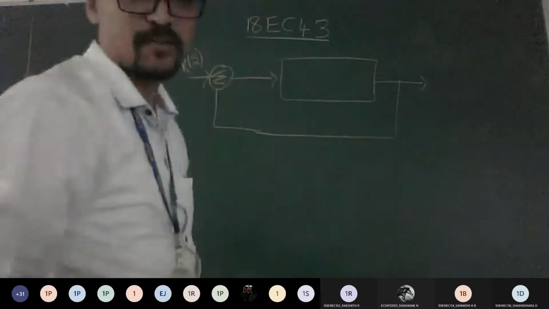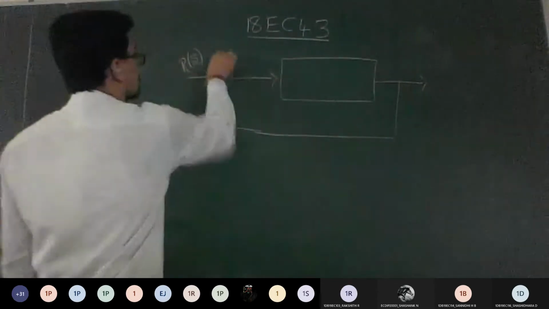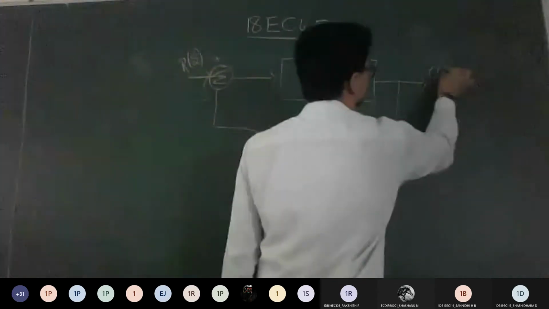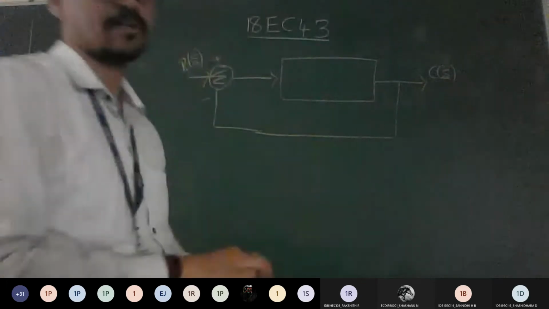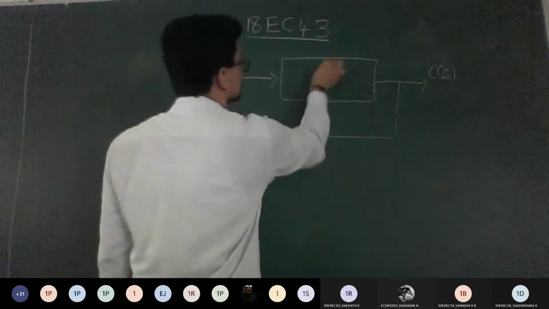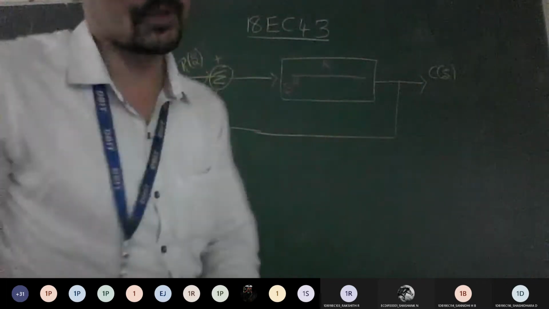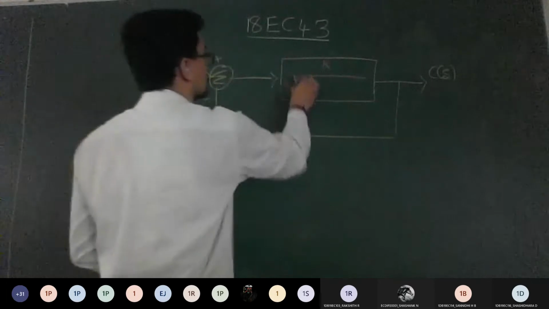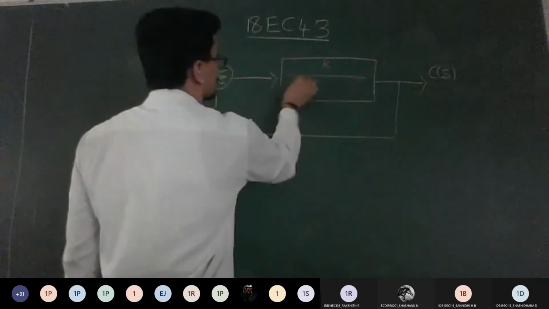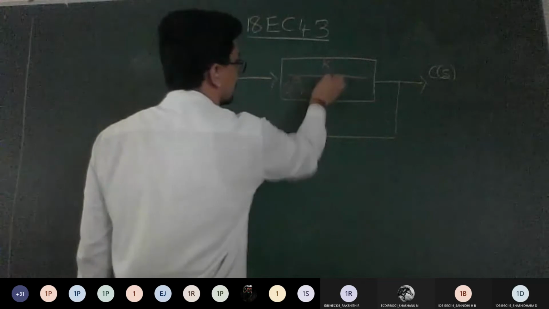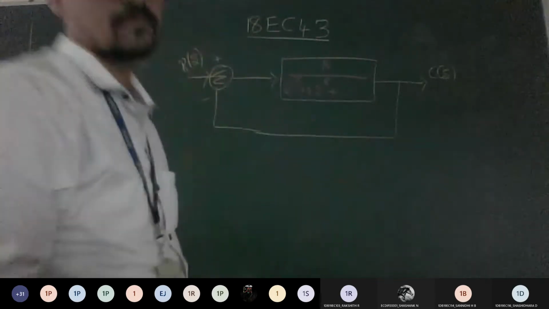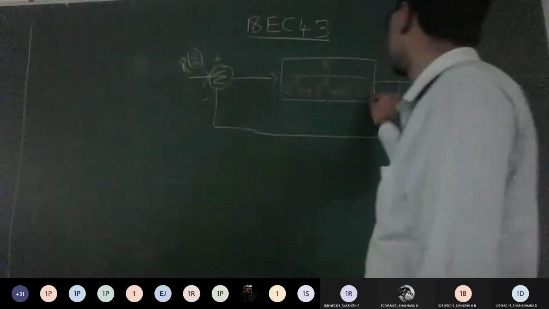This is the next 8 to 10 marks question, so be alert. Plus or minus. This is your C of S output. And in between they have given a system, right? The system equation is given here, like this: K divided by S cube plus 4S square plus 6S plus 8.